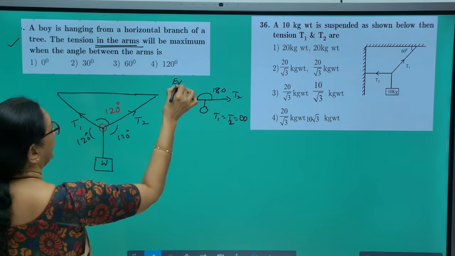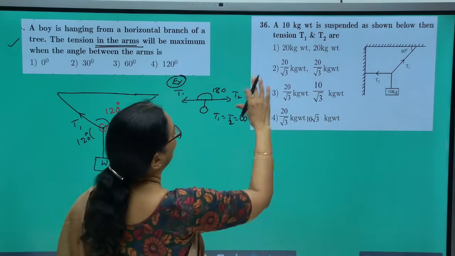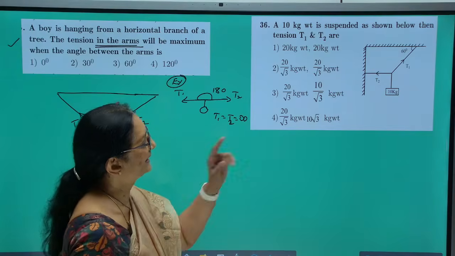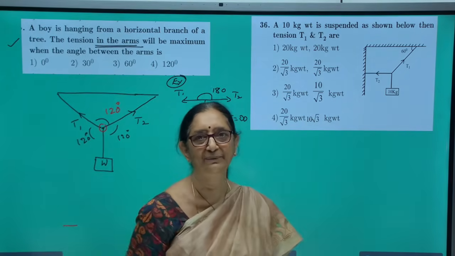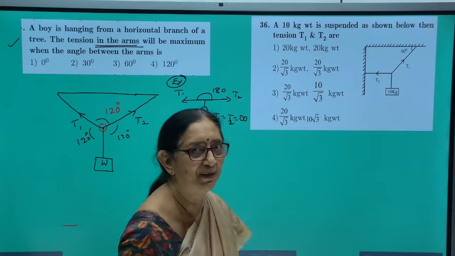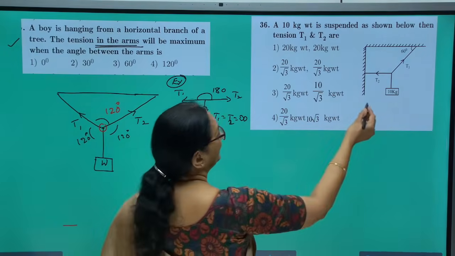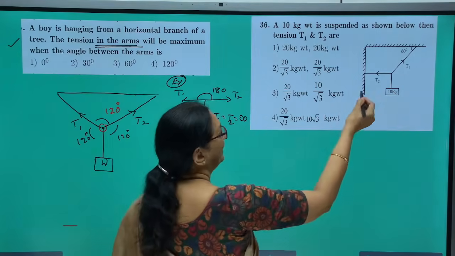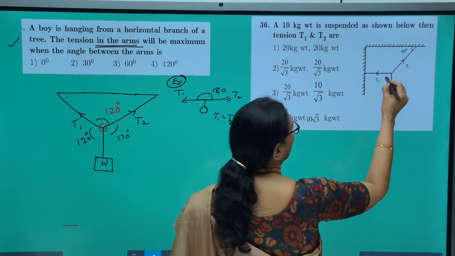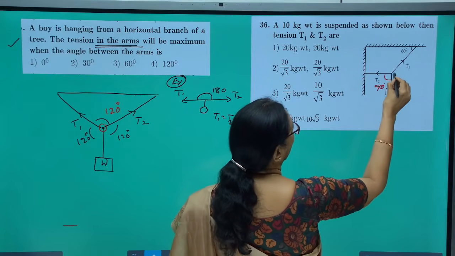You should remember this. Now, coming to this question, look here, a 10 kg weight is suspended as shown. Just find out T1 and T2. It is a simple problem after doing all the other problems, isn't it? But the important thing is you have to find out the angles. By looking at it, you can say this angle is 90 degrees, right?